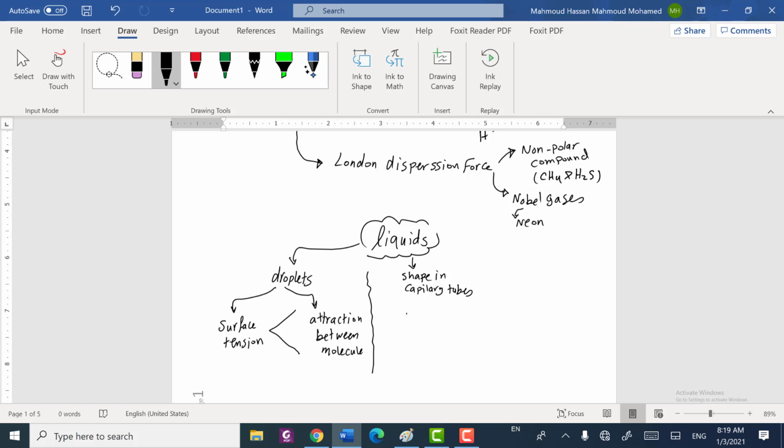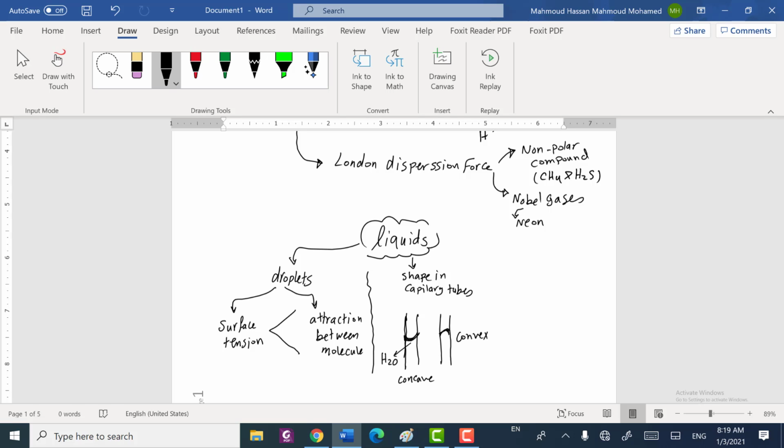Sometimes we will find a liquid like water takes a concave shape in the capillary tube, a concave surface. Sometimes we find that mercury takes the convex shape, maybe concave, maybe convex.